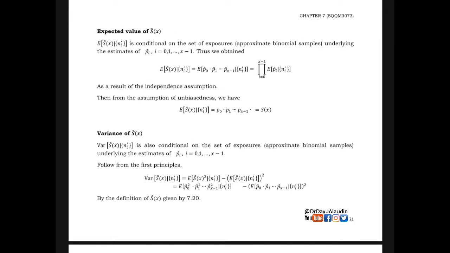The first one, how to find the expected value of Sx. It is conditional on the set of exposure. Product of the conditional probability. So as a result of the independence assumption, we get the expected value of Sx is the multiplication of the probability of survival.